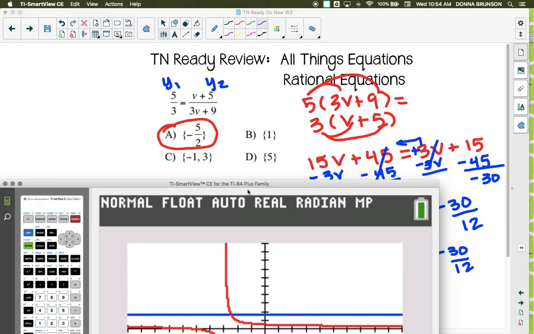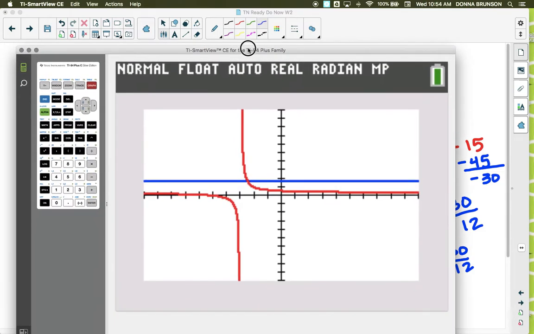So if this is on the negative side of my graph, I know that answer choice B and answer choice D cannot work. I also see that I only have one solution here, right? And that solution is very clearly not at negative 1 or positive 3. So by process of elimination, I would have to say that A is my answer choice.